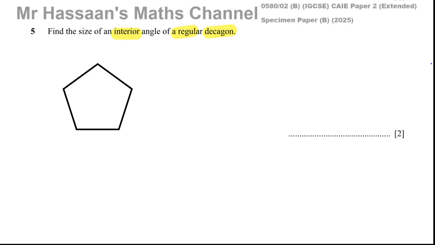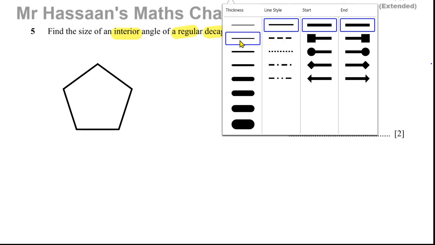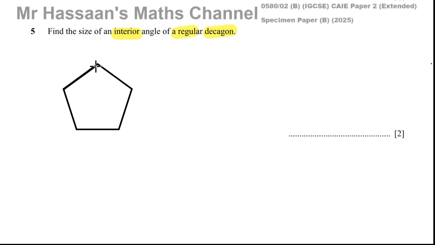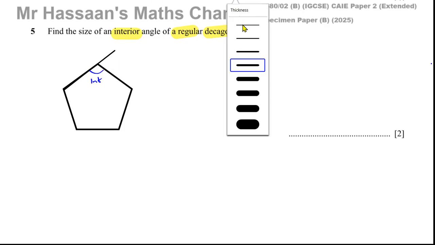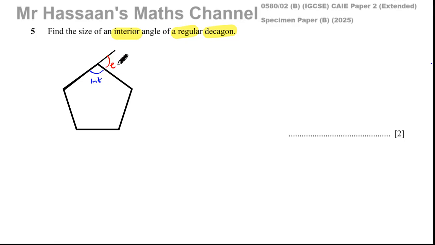If I take this side and extend it, then this angle here is called the interior angle, and the angle on the outside here is called the exterior angle. We know that the sum of these two angles is 180 degrees because they make a straight line. That's a very important point.